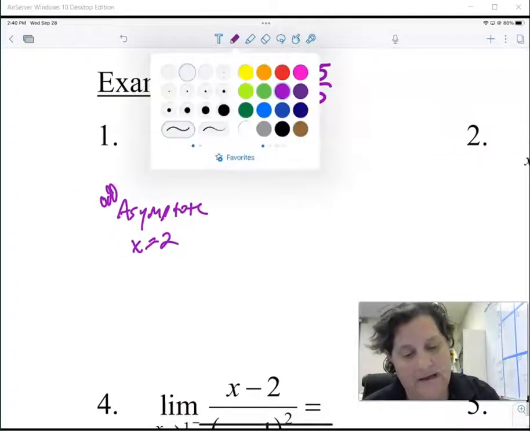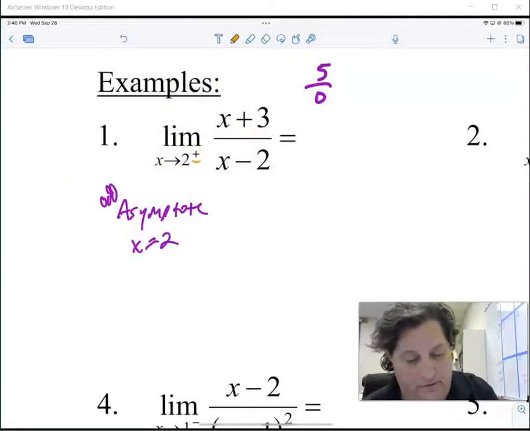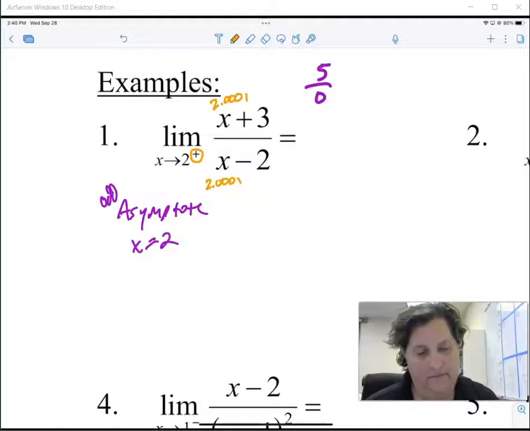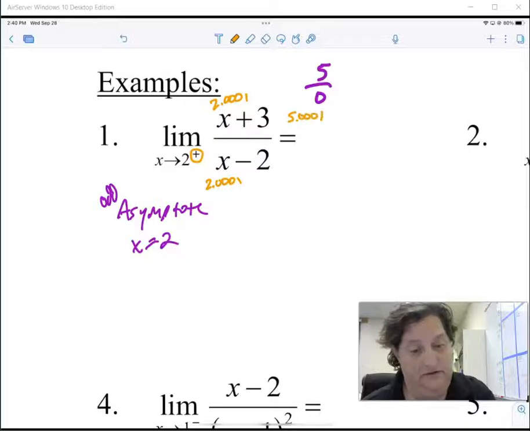Okay, as I'm approaching 2 from the right, this is a number slightly bigger than 2, 2.0001 maybe. Okay? 2.0001 plus 3 is a positive number. It's like 5.0001. Okay, 2.0001 minus 2 is also a positive number. It's like 0.0001.